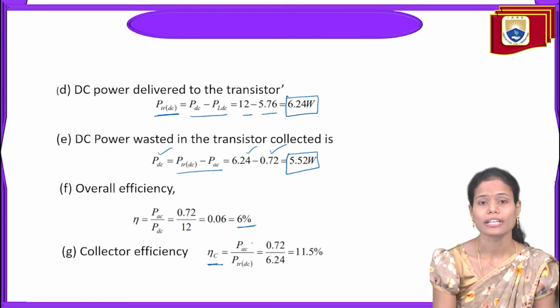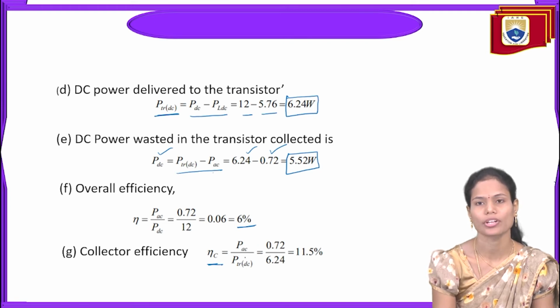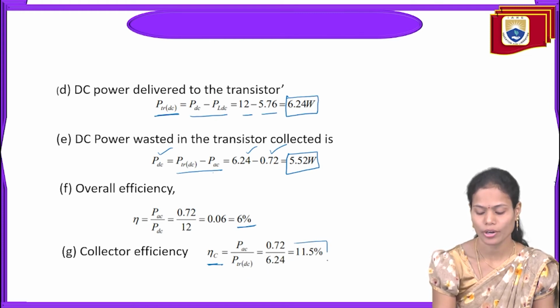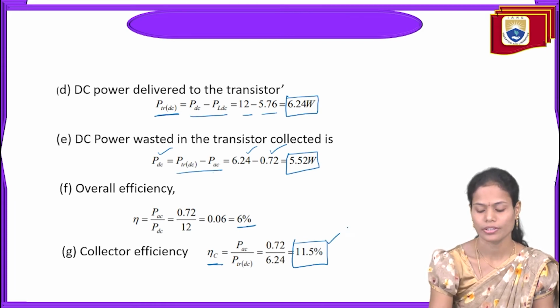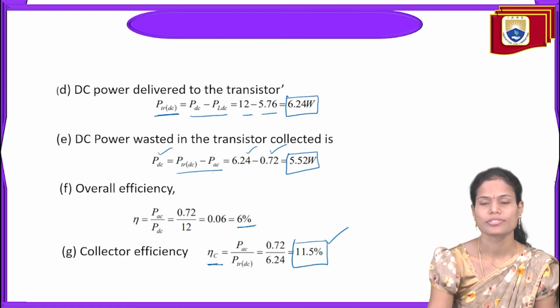That we can calculate from the output AC power and how much power is delivered to the transistor, that is PAC by P transistor DC. That is 0.72 by 6.24, that is 11.5% collector efficiency we are getting here. So these are the desired parameters from the given problem.